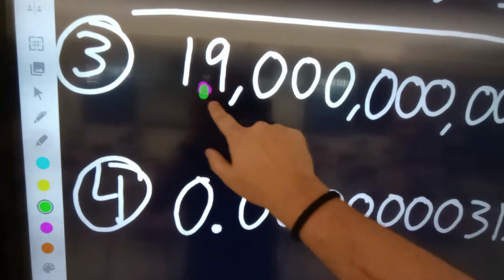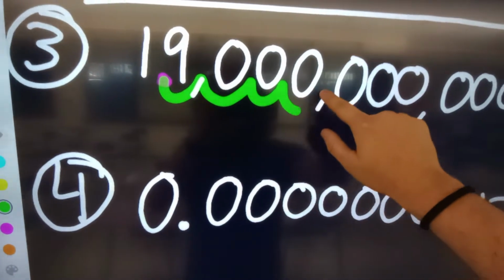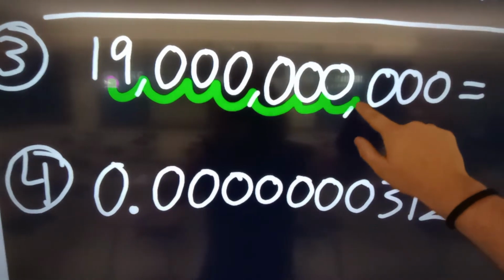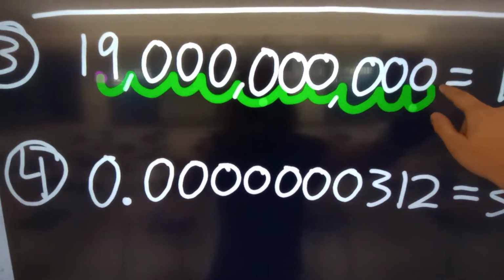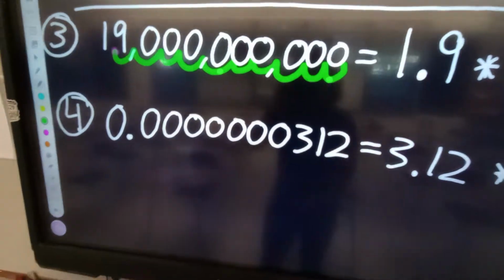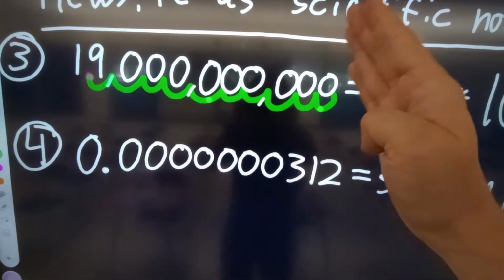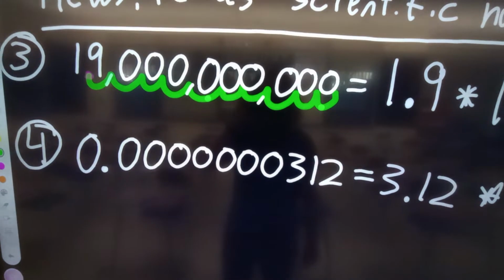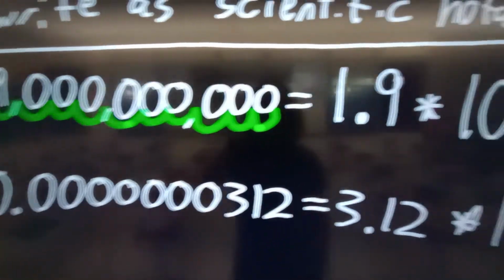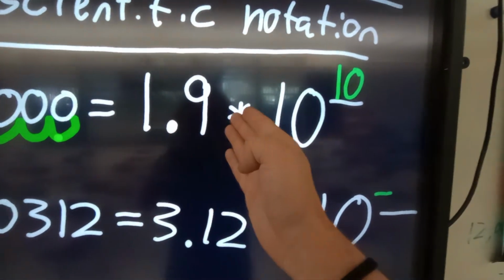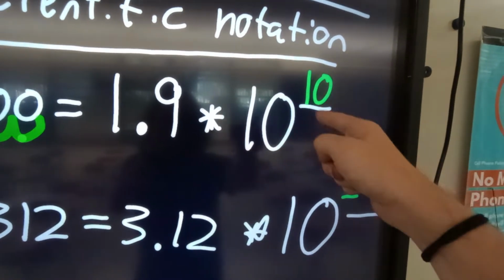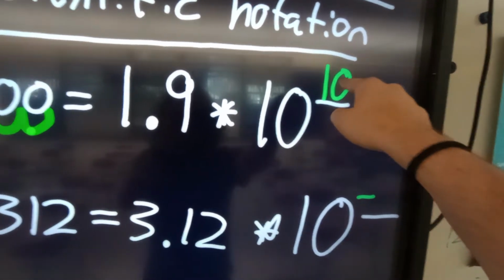We would have had to move this 1, 2, 3, 4, 5, 6, 7, 8, 9, 10 spaces to the right. So I'd have to move the decimal 10 spaces to the right in order for it to equal its original amount. So I put 1.9 times 10, and since we would move 10 spaces to the right, we use a positive 10.